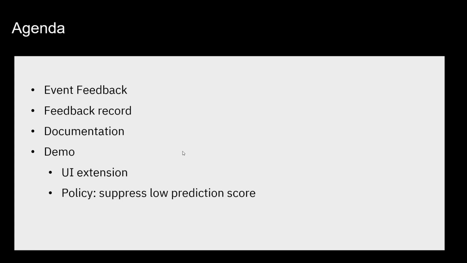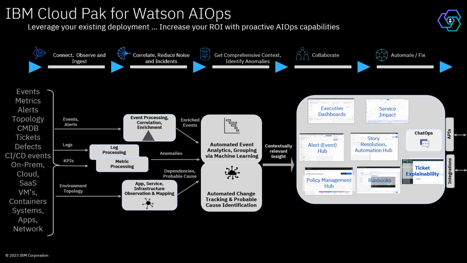So let's have a look at where we are. As you know, this is our architecture picture. Nothing really changed in here. From left to right, on the left side we have the input parameters in the various channels: event management, log management, metric management, topology, and various other channels which have their processing and analytics capabilities here in the middle. We then have the Watson capability, which supersedes these, and then we have the front ends.